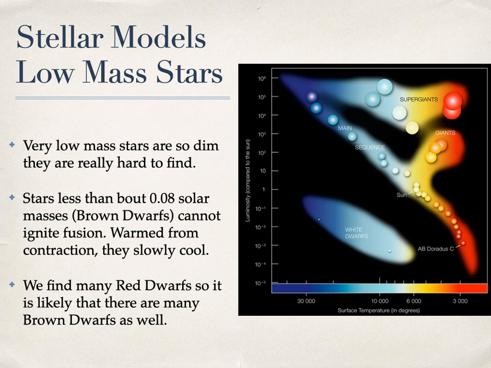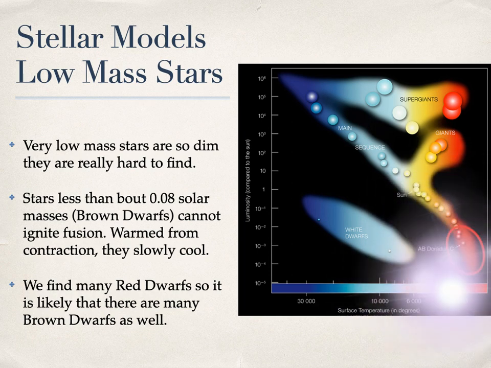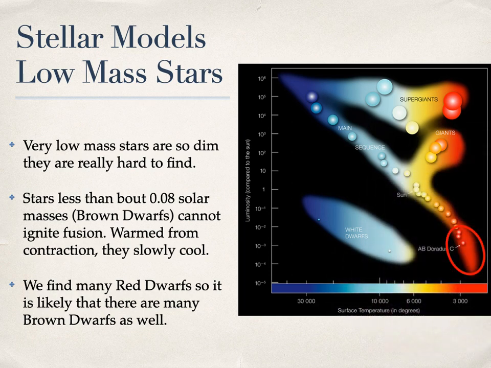Anyway, if we look out into space, there's lots and lots of red dwarfs. Like I said, there's probably far more brown dwarfs than we've ever actually discovered. They're just hard to find. Okay, I think we've answered number 8. Let's move on along here. Oh, there we go. There's the red dwarfs, down at the very bottom.